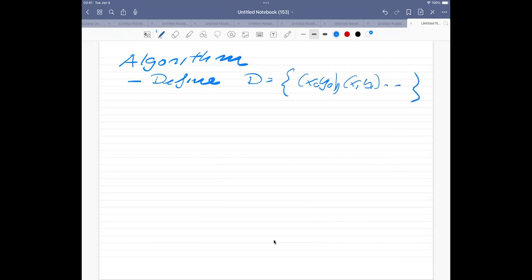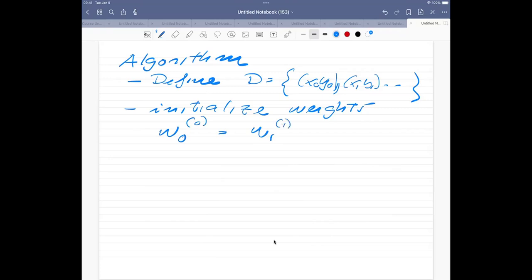You need to initialize the weights. It's pretty common to set the weights equal to 1 divided by the number of data points. So you would have w_0, and this goes all the way up to all the possible weights, and it's common to put them equal to 1 divided by the number of data points.